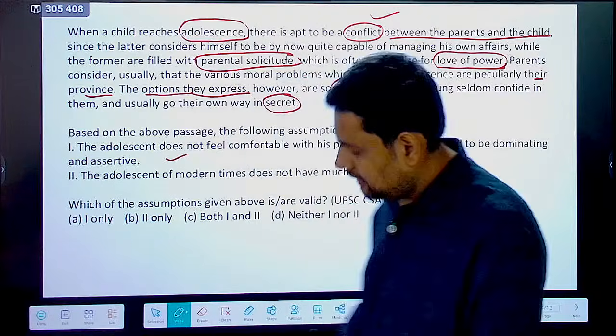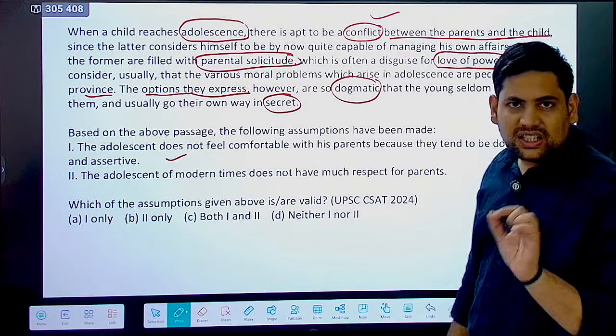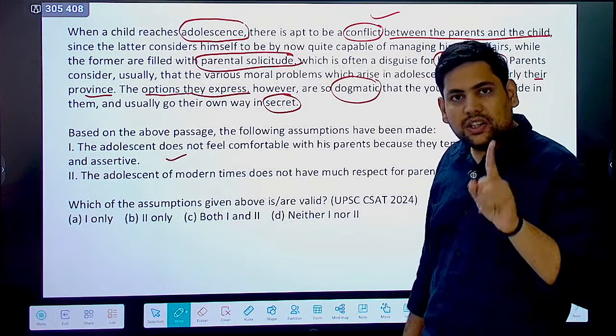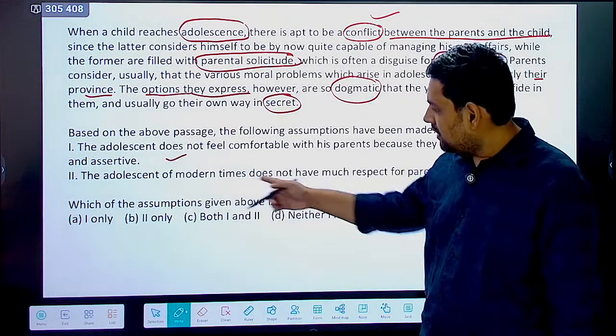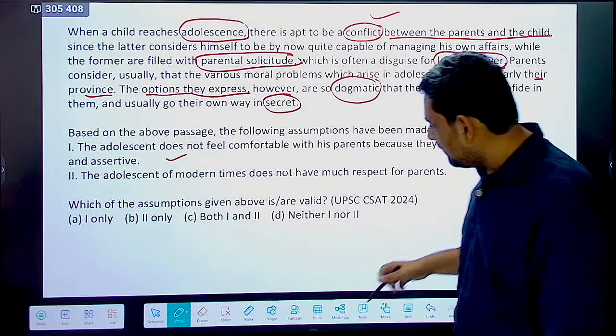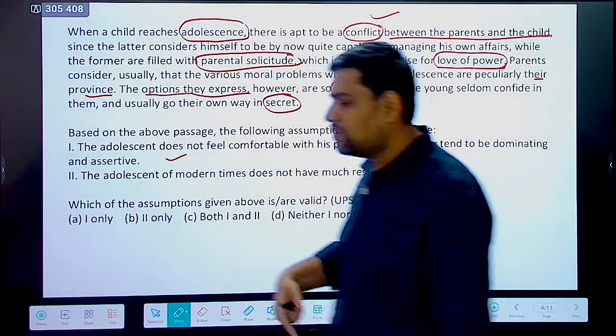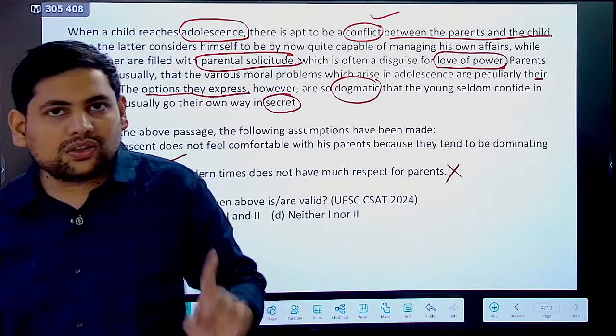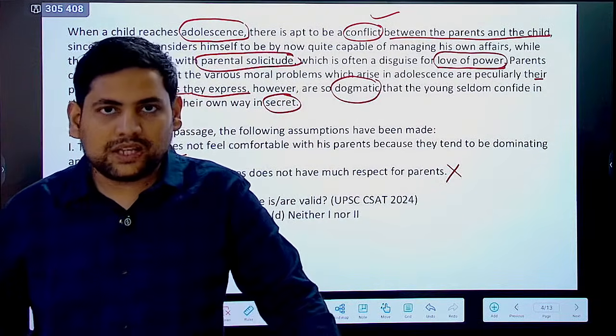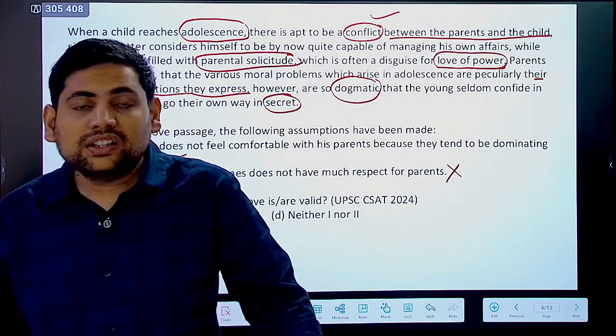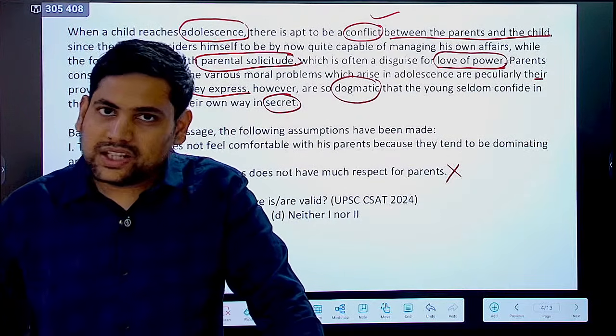Not correct. Yes. Okay. Now, this is a clear case of challenging your preconceived notions. The adolescent of modern time does not have much respect for parents. No. Understand this difference. People have a notion that if they are not listening to their parents, whatever their parents are saying, then they are disrespecting the parents. That is not true.